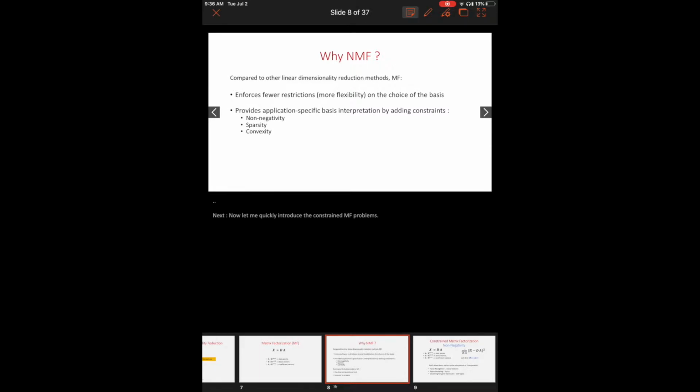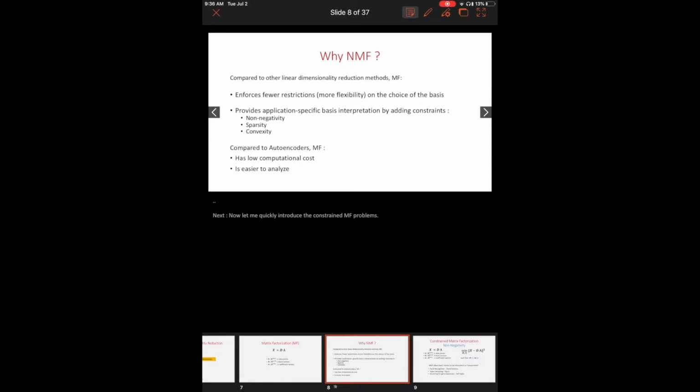Constraints such as non-negativity, sparsity, and convexity. Although neural networks are much more flexible, they have high computational costs, and they are very difficult to analyze compared to non-negative matrix factorization. So in this work, we focus on non-negative matrix factorization and algorithms for the constrained version of this problem.